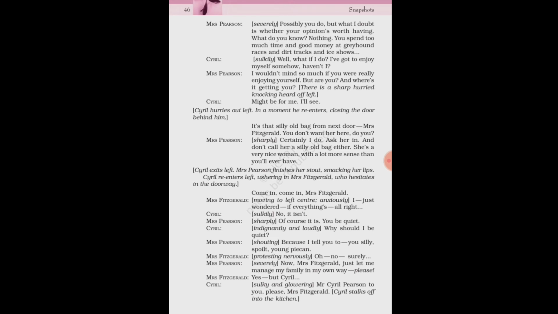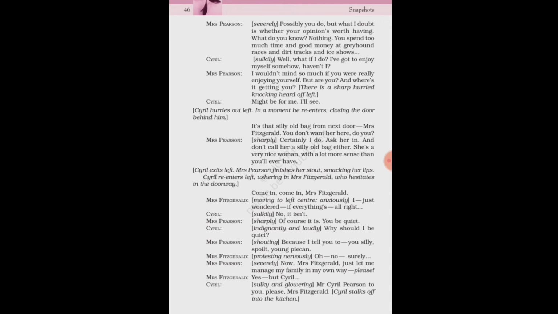Cyril agrees, so what if I do? And says he's got to enjoy himself somehow, haven't I? Mrs. Pearson says that she wouldn't mind if he were really enjoying himself, but is he? And where's it getting him? So there's a sharp, hurried knock heard off left. Someone knocks at the left door, and Cyril says it might be for him and he'll see. So he hurries out left. In a moment, he re-enters, closing the door behind him.